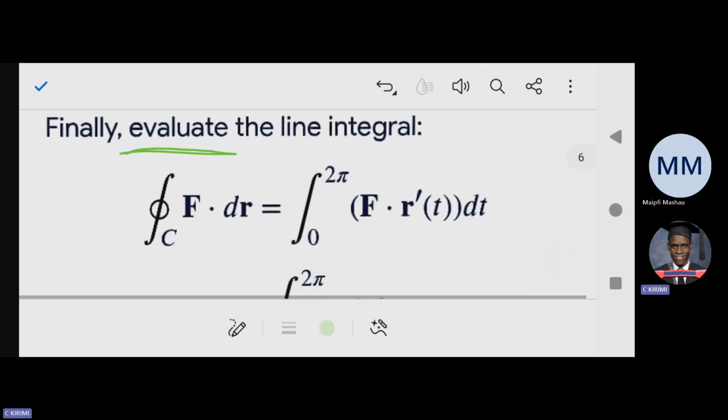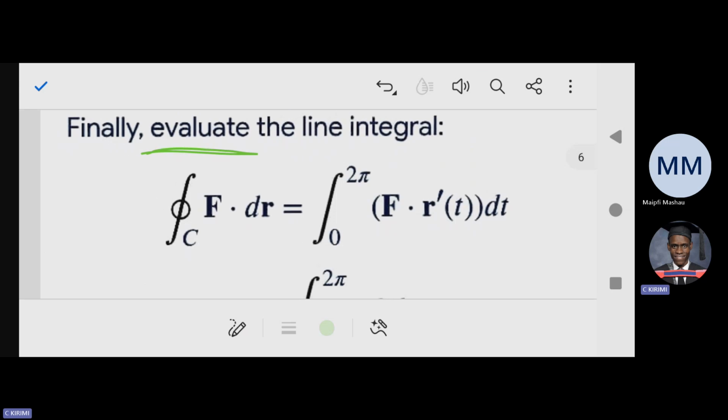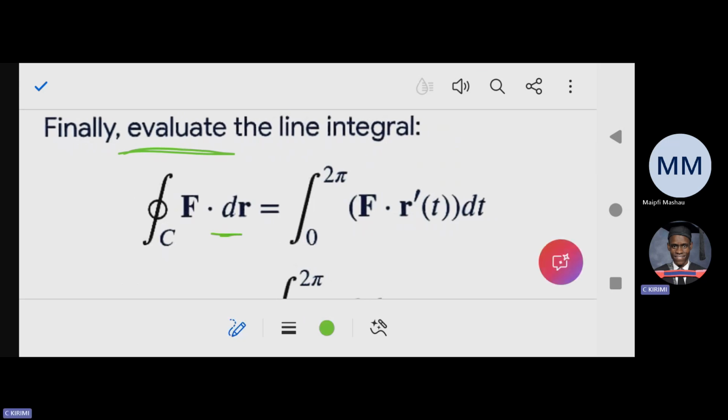If the formula says the integral over the curve of F dot dr, what is dr? This is the one I was telling you, it's r prime. So the circle, the curve which you said is moving anti-clockwise, ranges from 0 to 2 pi because it's a circle.